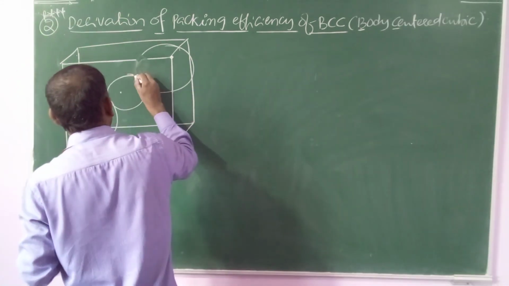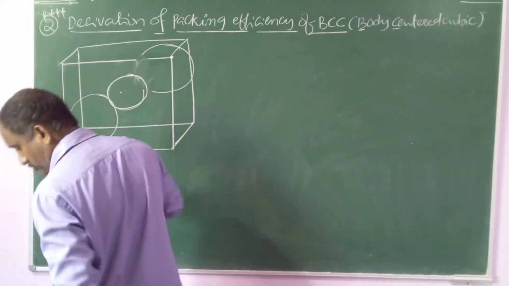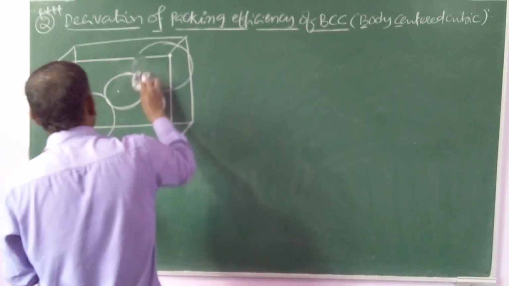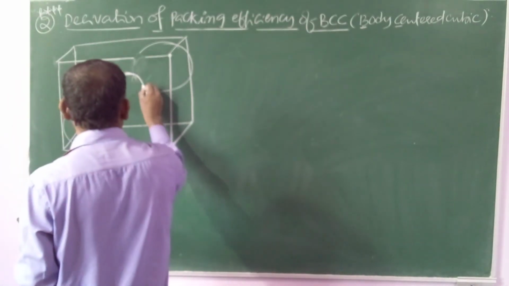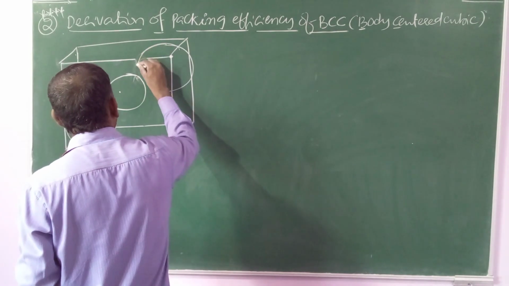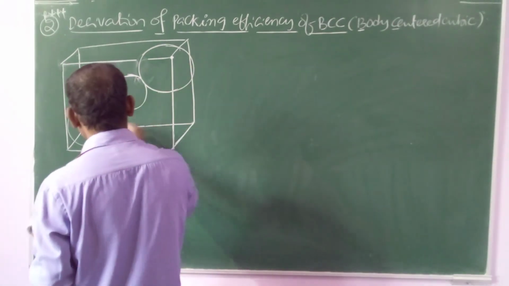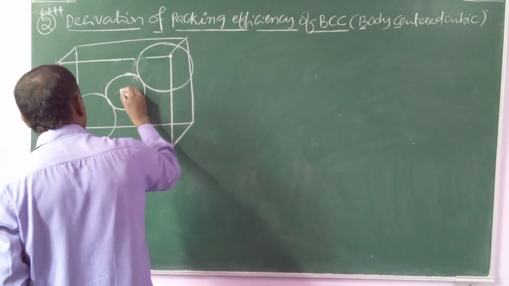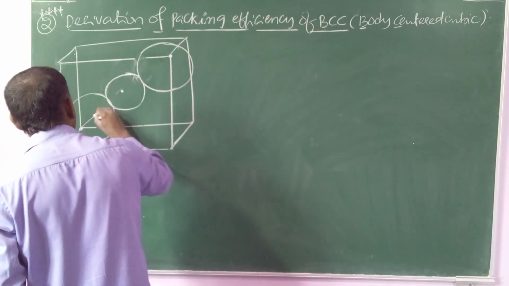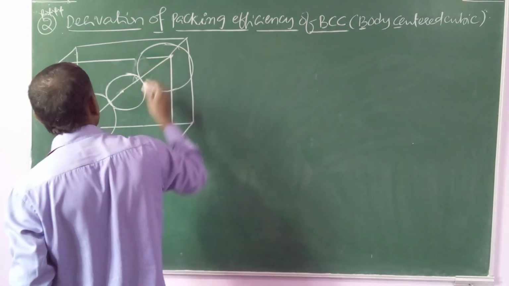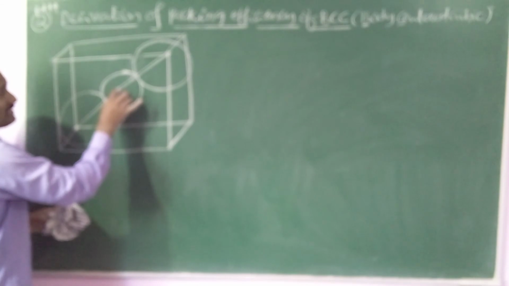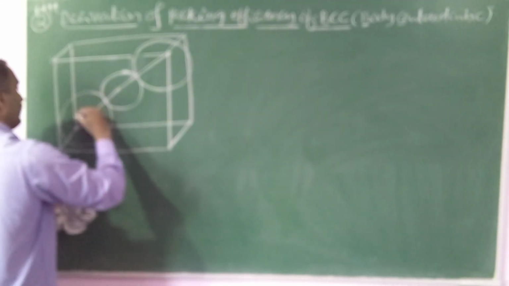Like this. All the spheres should contact each other because of close packing. In solids, all the atoms are closely packed. Now, these 3 centers we have to join. This line is called body diagonal. Why is it called body diagonal?